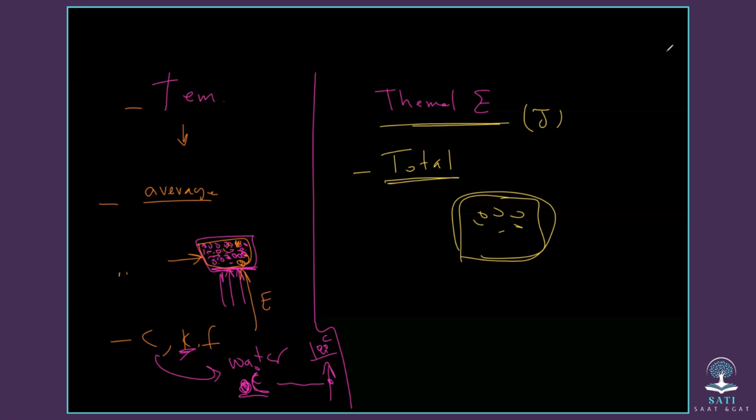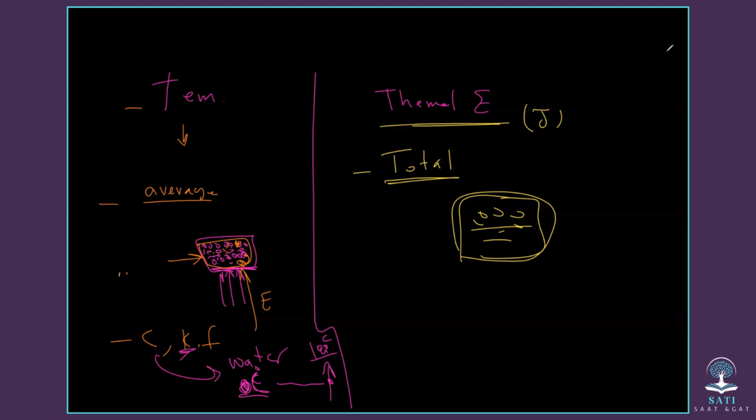So when I say the total amount of kinetic energy, that means how many particles there are is important. Two particles are not like 1 million particles, because each one has kinetic energy, and when we add them, their number matters here. So when the number of particles in an object increases, thermal energy increases.